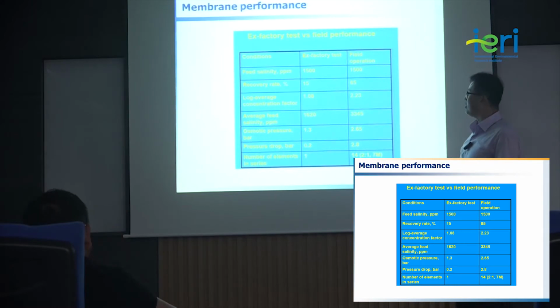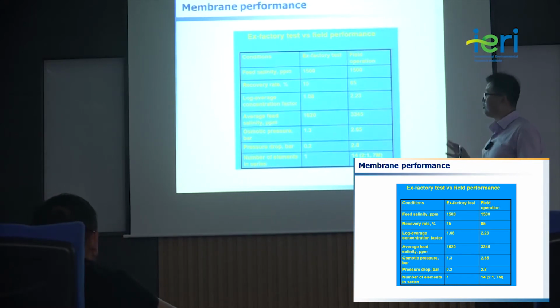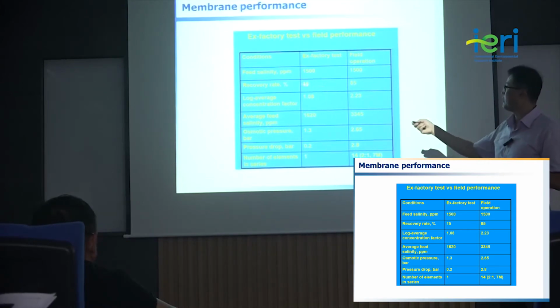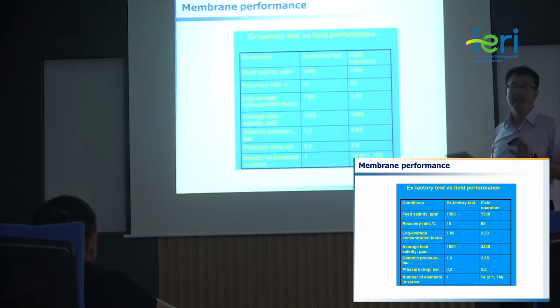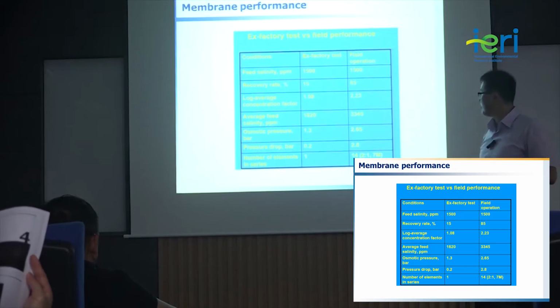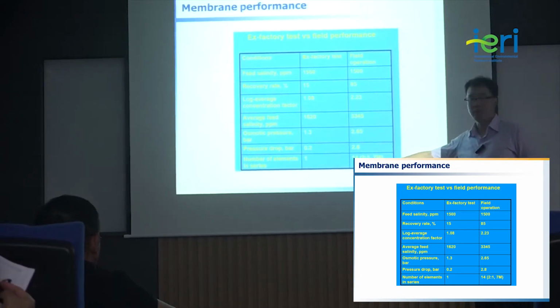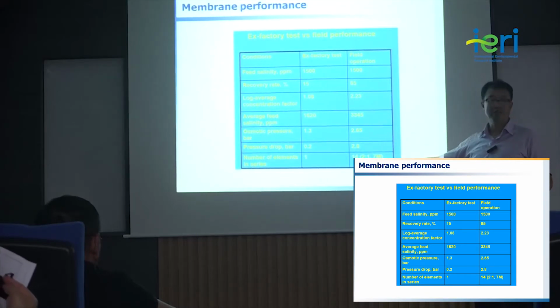So you should note that the performance of the ex-factory test, I mean the one-model test, and the real field test is different, because the recovery rate is not the same when you use one module, and this is 14 modules, 2 to 1 array.